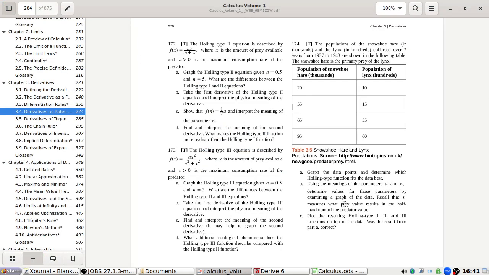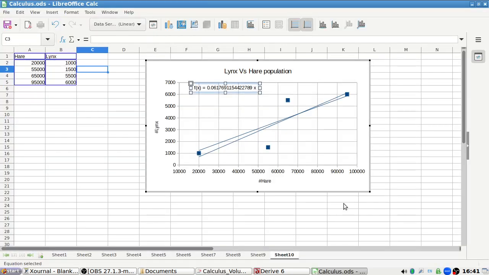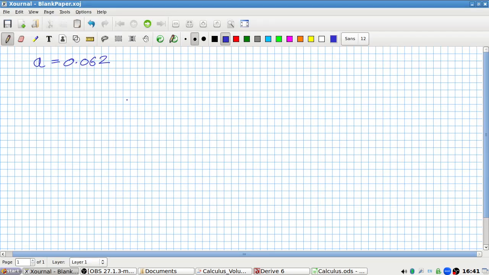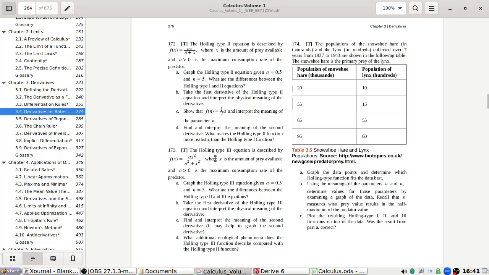But N measures what prey values result in half the maximum predators. So maximum predators looks like 6,000. So the question is, that's X. That's N. When would N equal? Oh, didn't we have the formula earlier?